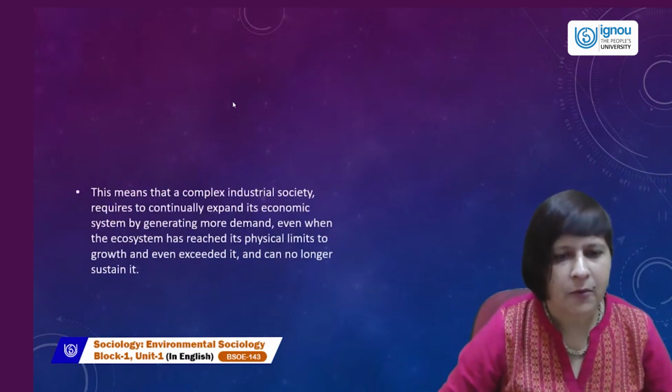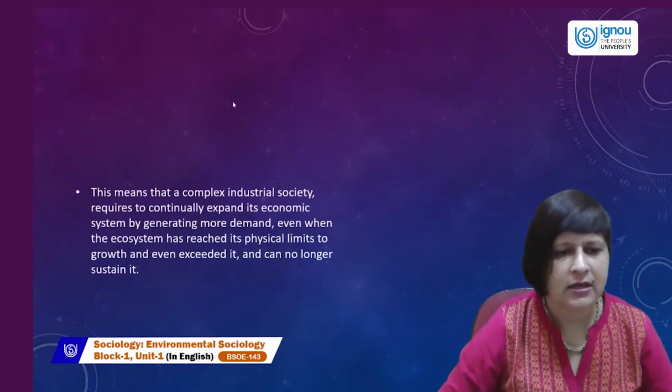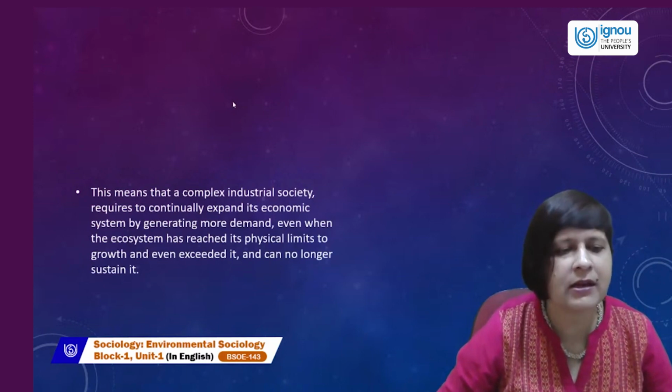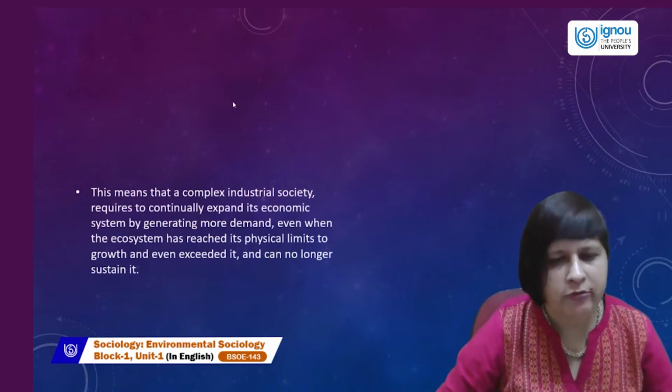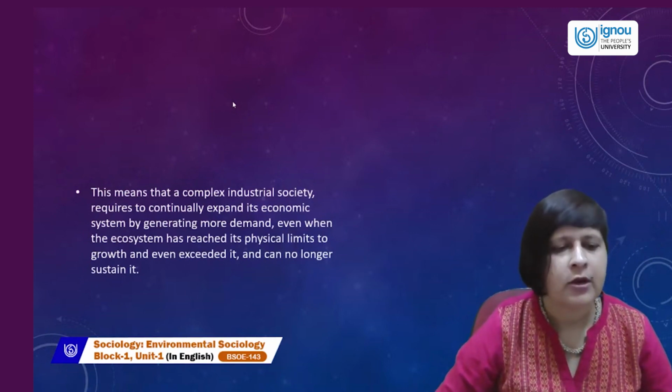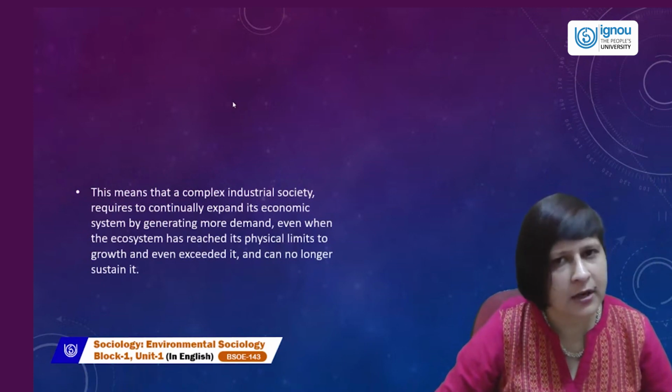This means that a complex industrial society needs to continually expand its economic system by generating more demands, even when the ecosystem has reached its physical limits to growth and even exceeded them, and can no longer sustain it.